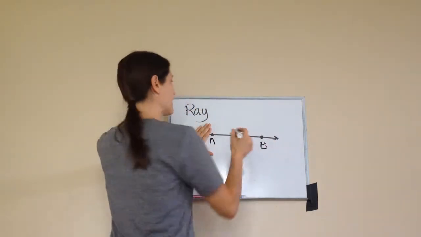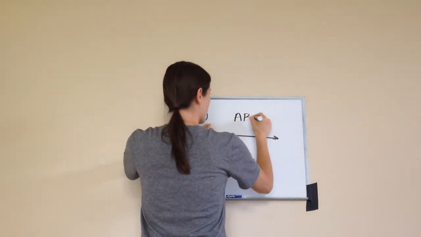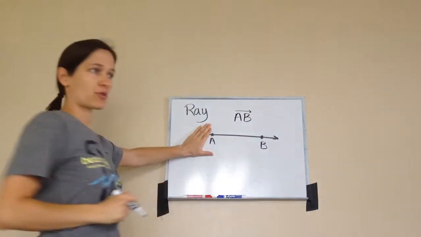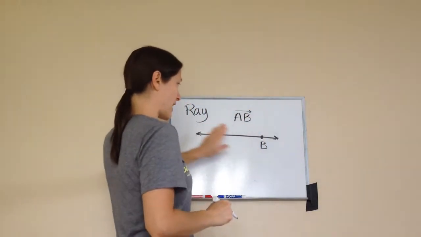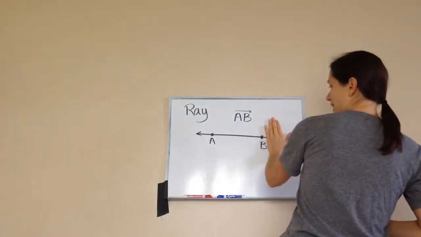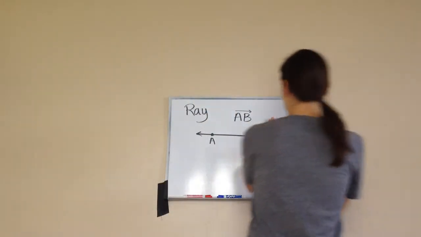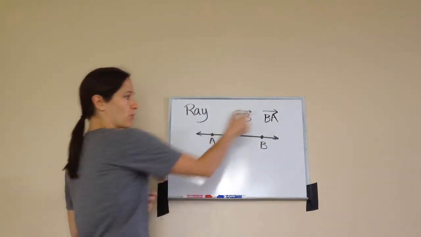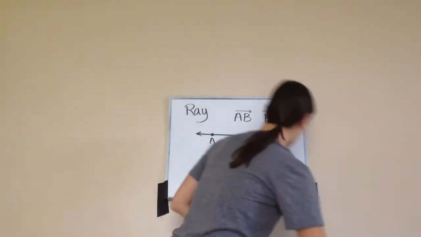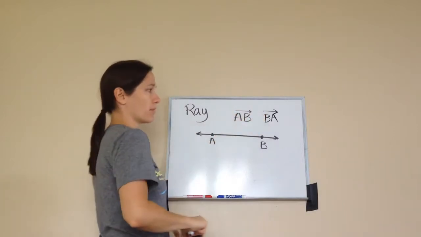And the way you would write that is like this. You would tell me that's ray AB, okay? All right, another way you could have said it is this is ray BA, okay? And so you would have put BA with a ray sign. Okay, it's not important that you show left or right. Just show that it's a ray up top, okay?